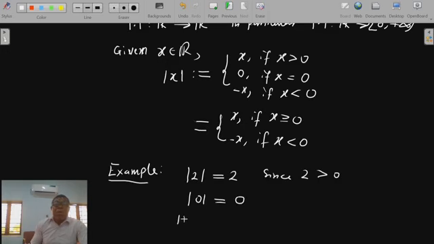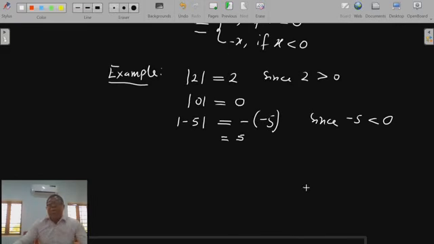Say absolute value of minus 5 is by definition minus 5. And this is because minus 5 is less than 0. So the definition says that if x is less than 0, then absolute value of x will be minus x. So that's why we have this. And minus 5 is nothing but 5. So absolute value of minus 5 is 5.